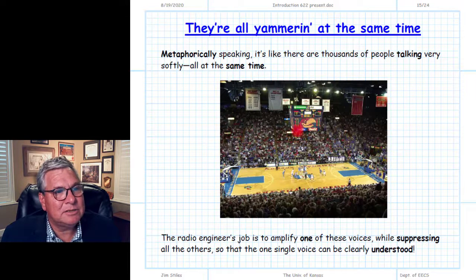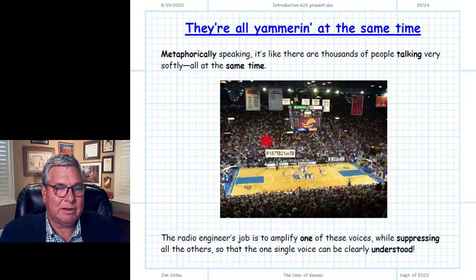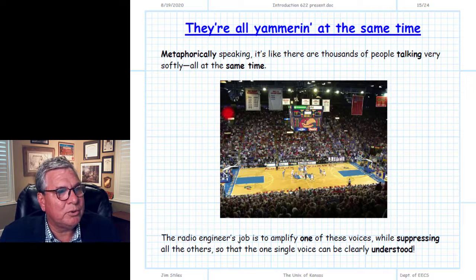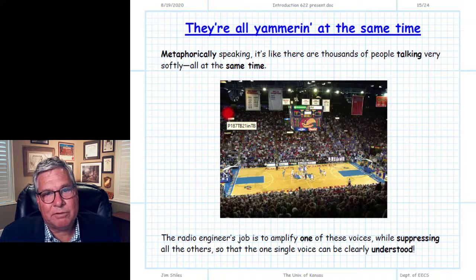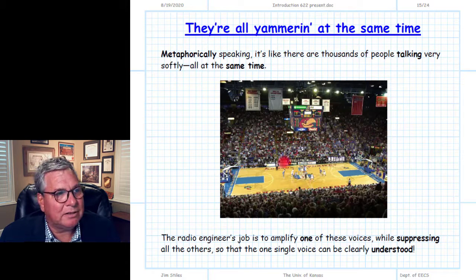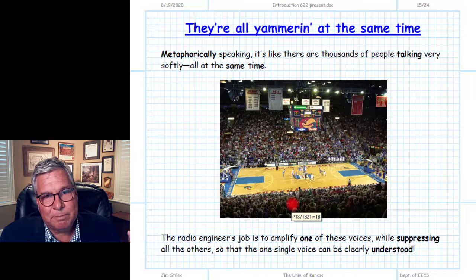The other problem is, of course, everyone else in the arena is talking at the same time. Some of them may be talking very loudly or shouting even. And so how in the world could you go through and listen to one person way up in the rafters and understand what they're saying when you're all the way down here at center court, given that, again, they're not speaking very loudly, but the entire arena is full of people that are.